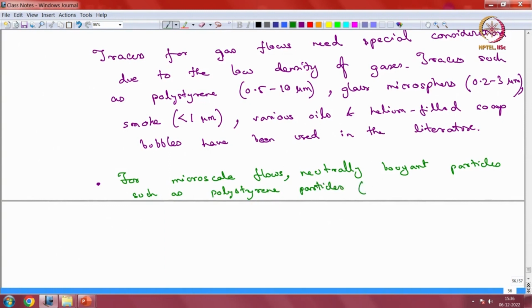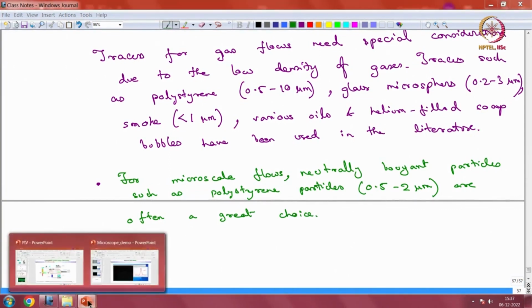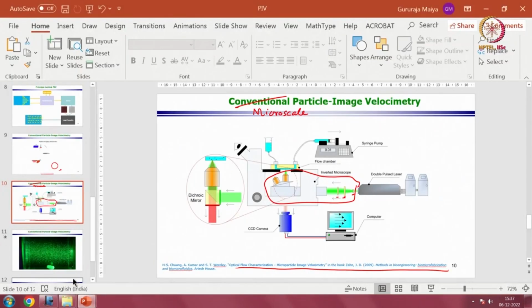The size again is really dependent upon the geometry you are using, but I am just giving an indicative size. They are often a great choice. They are often fluorescent also in microscale flows. So, microscale flows quite often apply fluorescent particles.